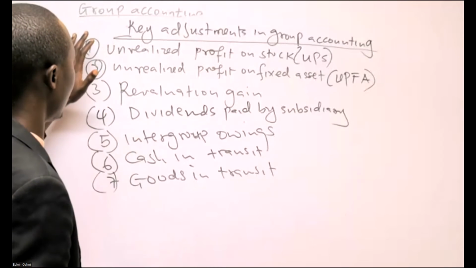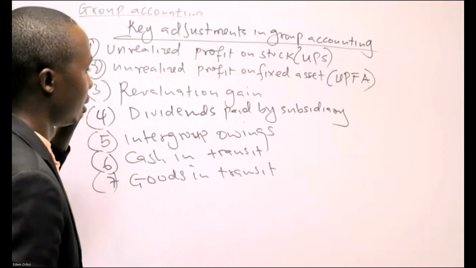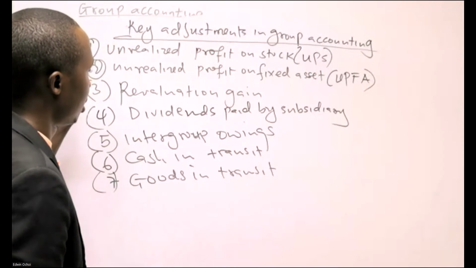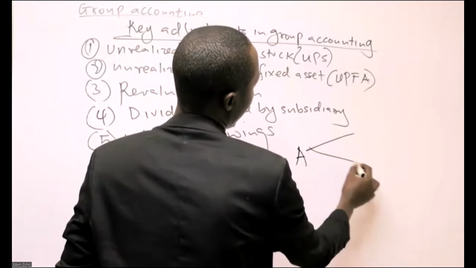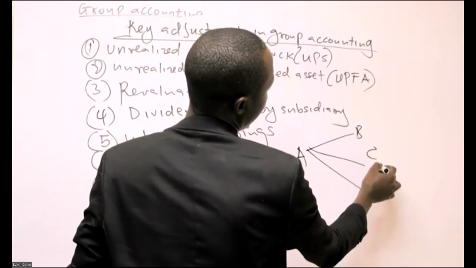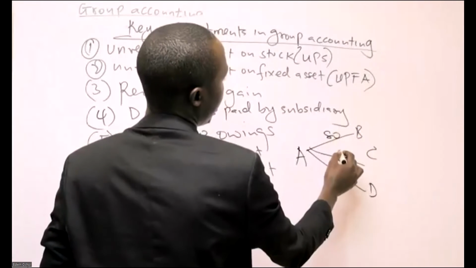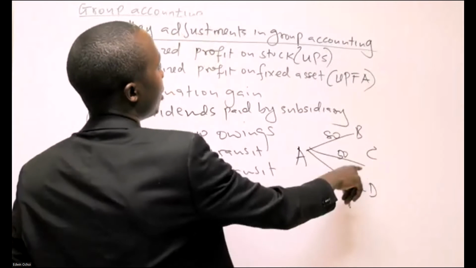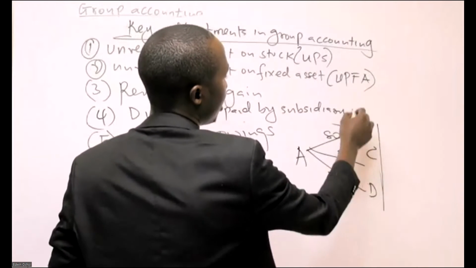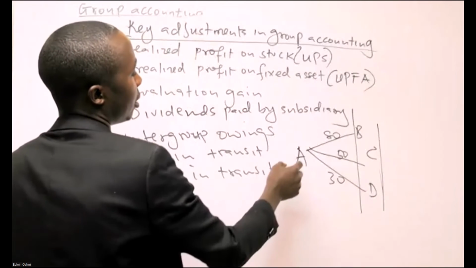These adjustments can be such that A had acquired B, C, and D, let's say a subsidiary, a joint venture, and an associate.